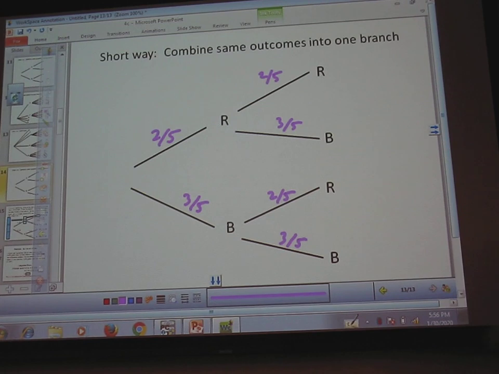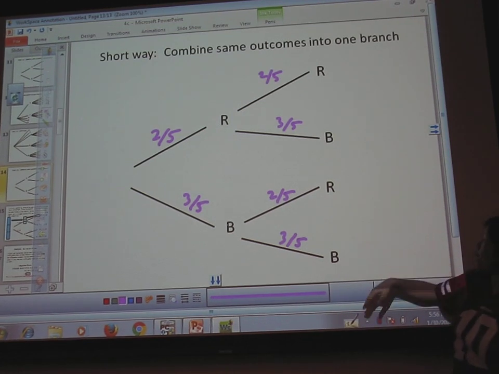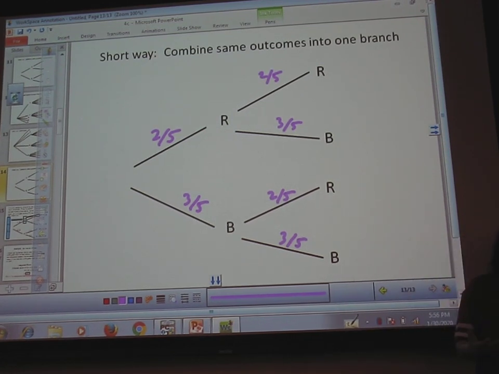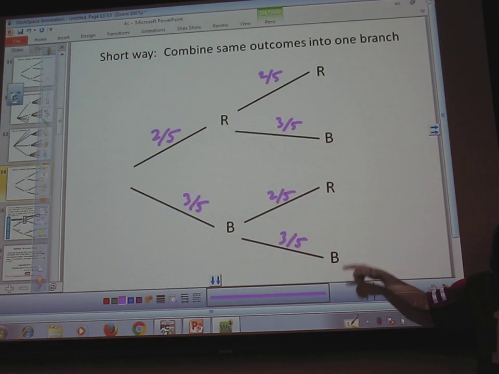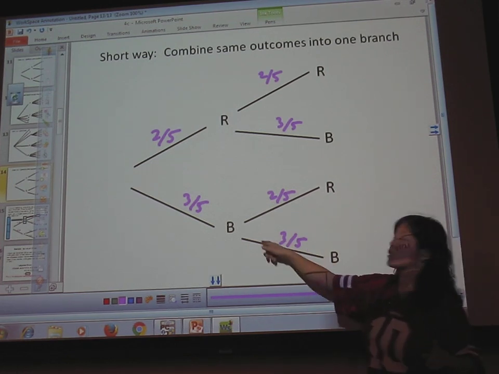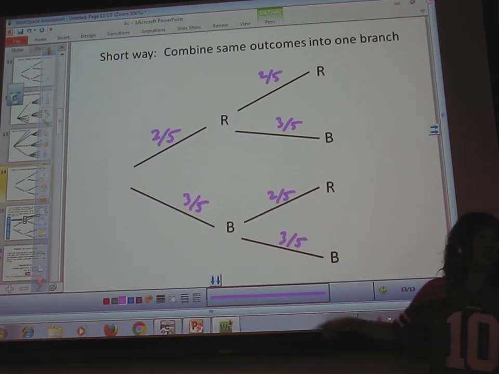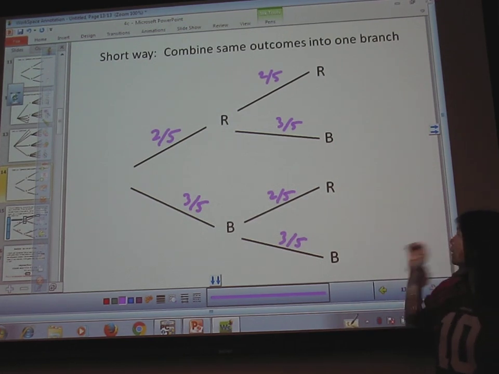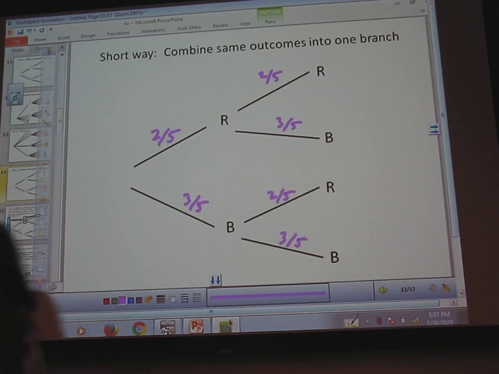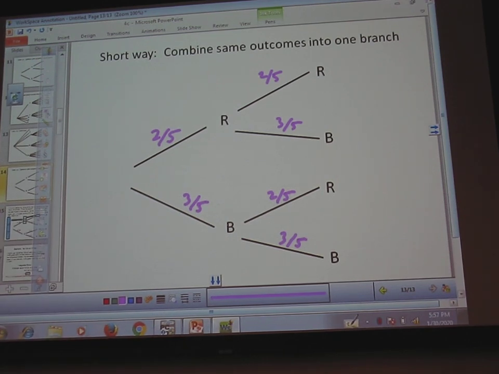Before, we could just count how many, there's 4 outcomes, 1 out of 4, 1/4. No, you can't do that anymore. Why? Because now they're no longer equally likely. Does everyone follow? This is 2/5, this is 3/5. They're not the same. They're not all half, equally likely as each other. So now, in order to find something, we have to multiply along the branches.